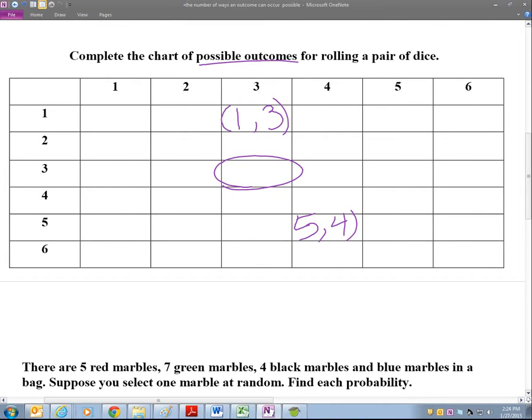3, 3. Yep. I would like you all to please continue filling out all the possibilities of what you could roll if you had 2 dice. Go ahead.